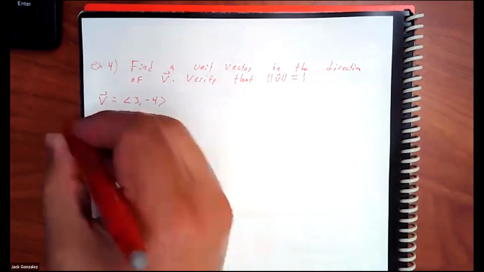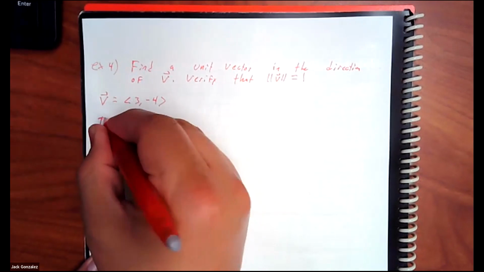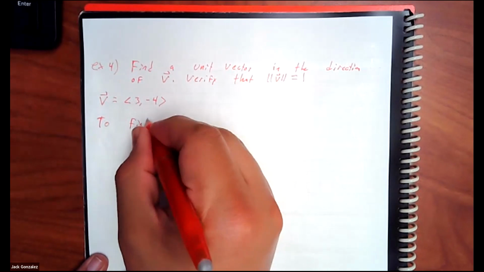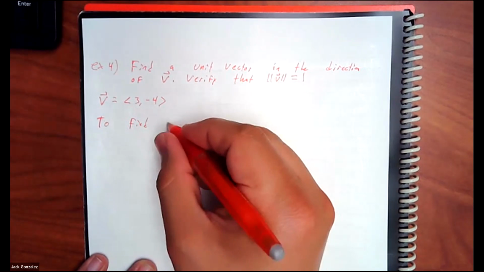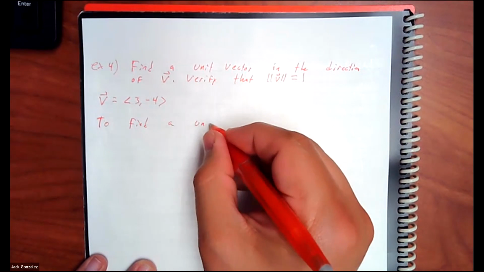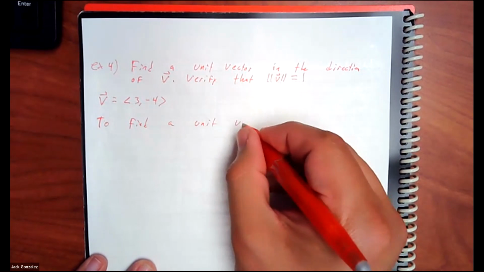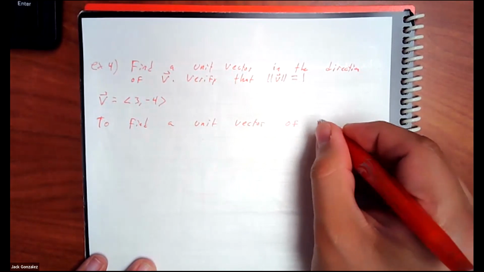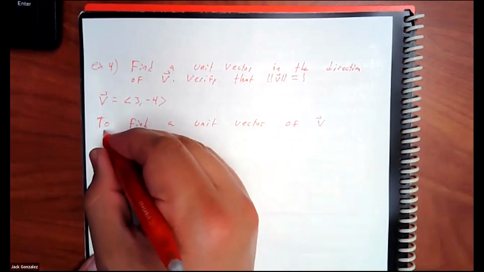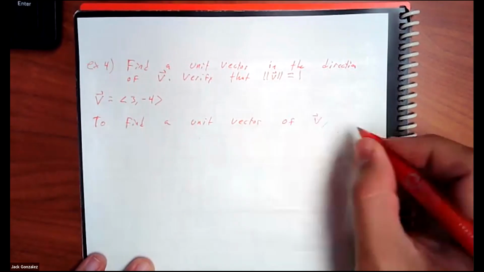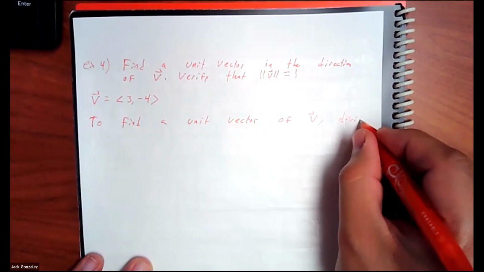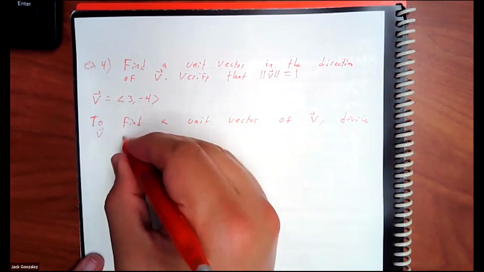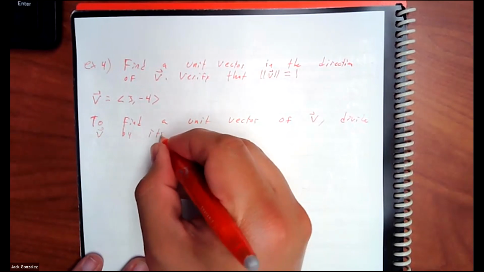Now, in order to find a unit vector of V, divide V by its magnitude. That's all you have to do.